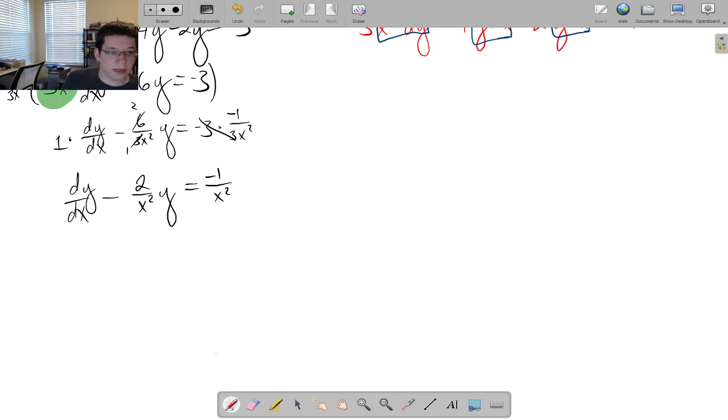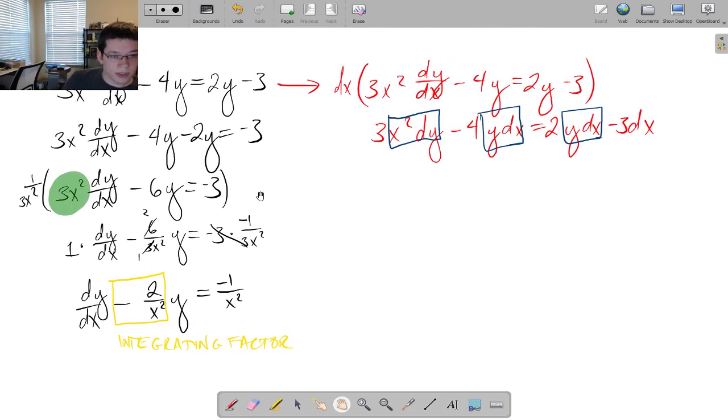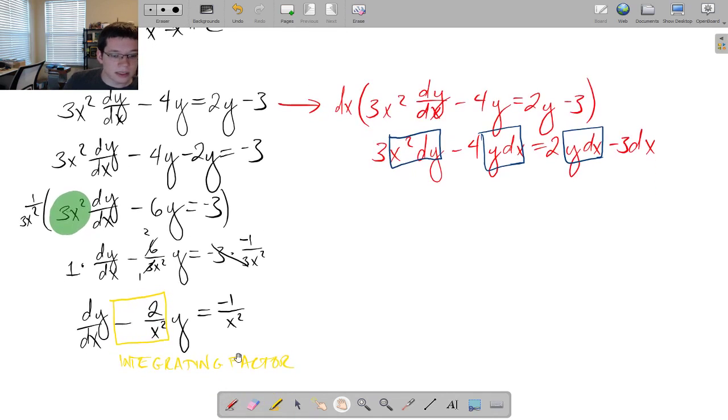So now we have to find our integrating factor. Our integrating factor is right here. By the way, this one is a linear ODE.